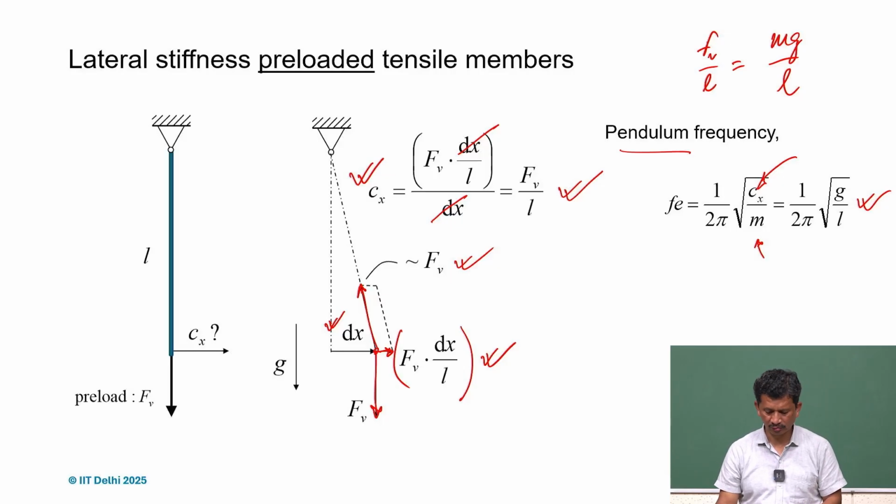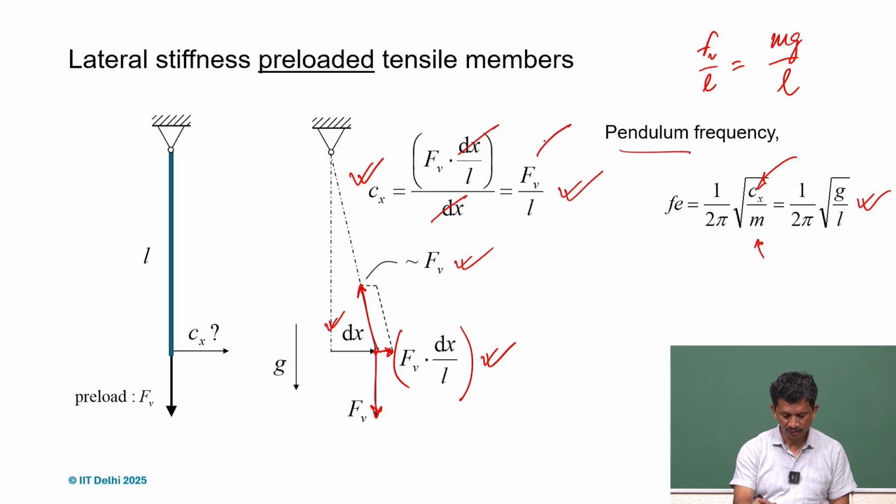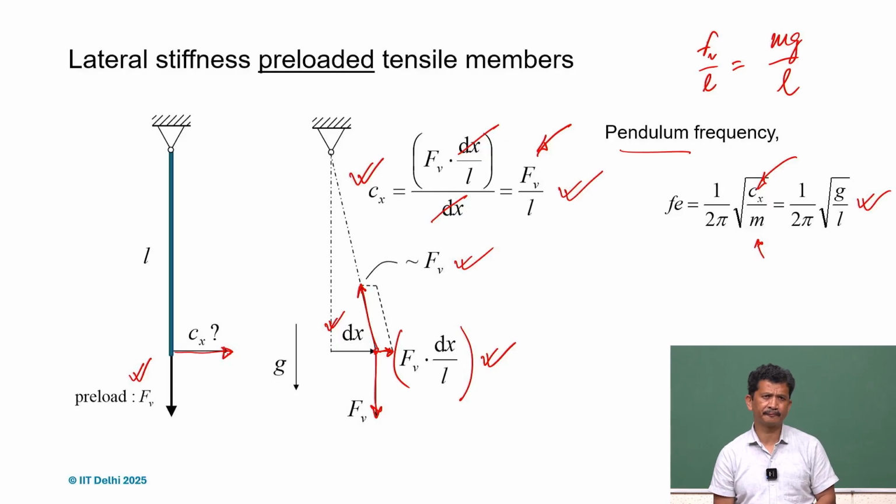So we can be very comfortable in using this formulation. Just remember, if there is preload FB working, the stiffness in the x direction will be FB by L.